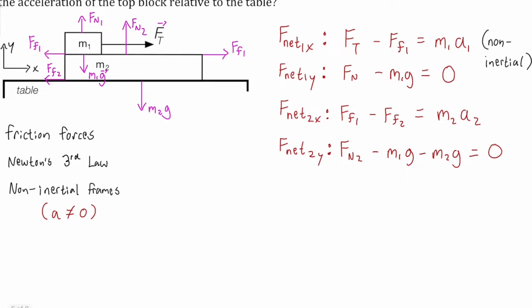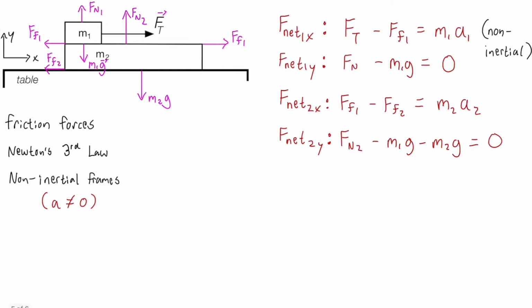We could get the wrong idea unless we realize what's happening. Okay, and what is happening? Well, the actual acceleration of block one relative to the table can be thought of in terms of a vector sum.